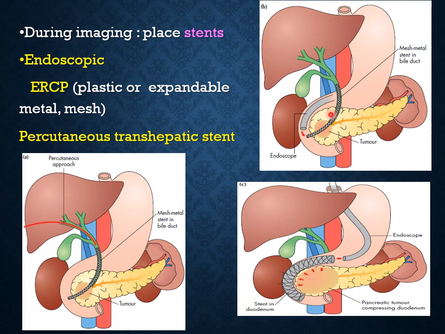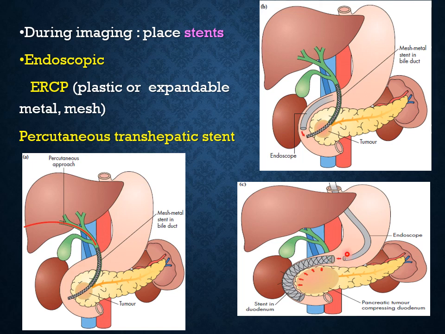Nowadays, with the use of the endoscope, which is much easier, you can directly pass a stent through the ampulla, through the papilla, and pass the stent upwards. You use an expandable stent, and then it can be left in place. It expands and drains the bile. So this is through endoscopy.